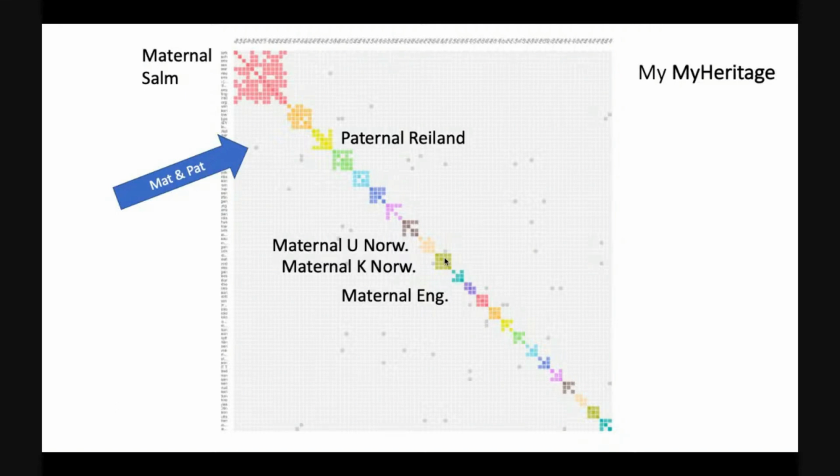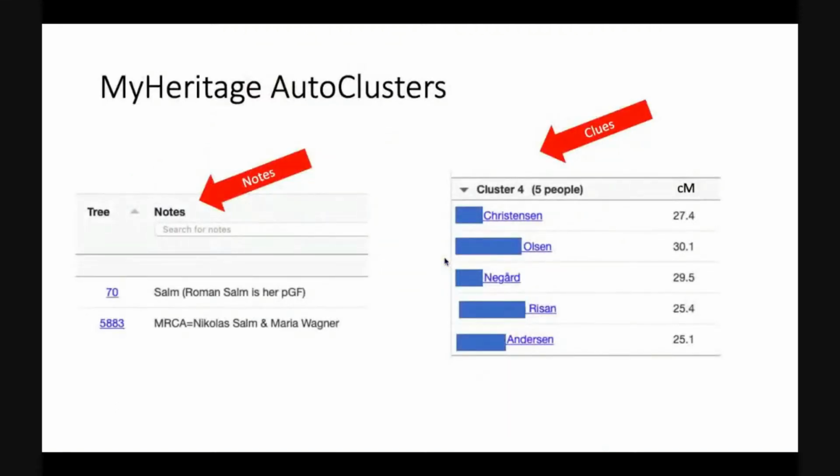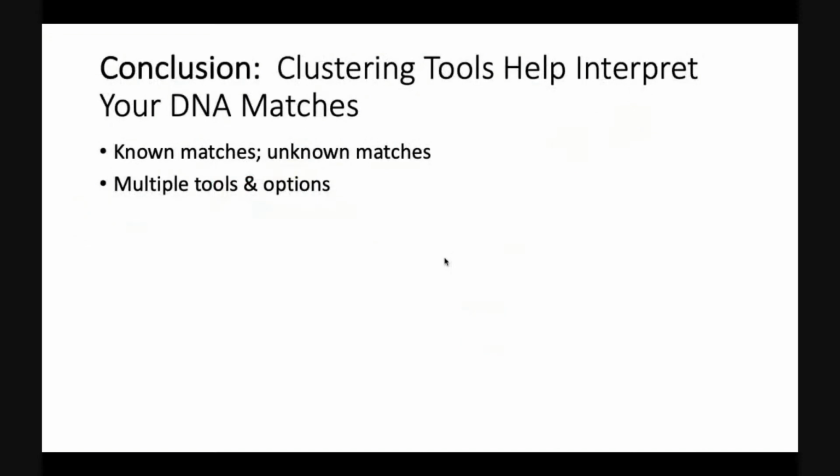Mm-hmm. But it's just a really nice way to, when you're looking at a match and you're trying to figure out how in the world are they related to me, if you can use a clustering tool like this, it really helps to figure out who they are. And in general, you're starting out with those known matches. Mm-hmm.